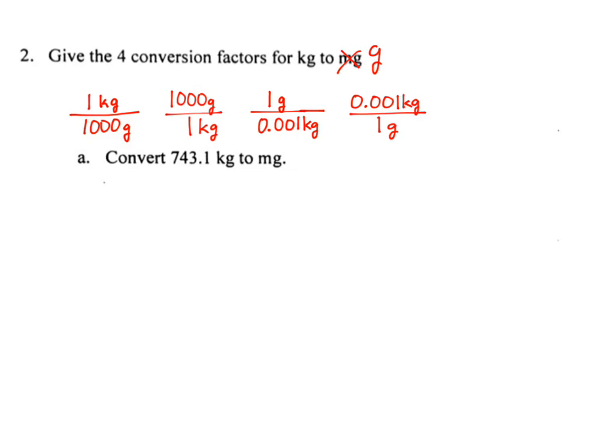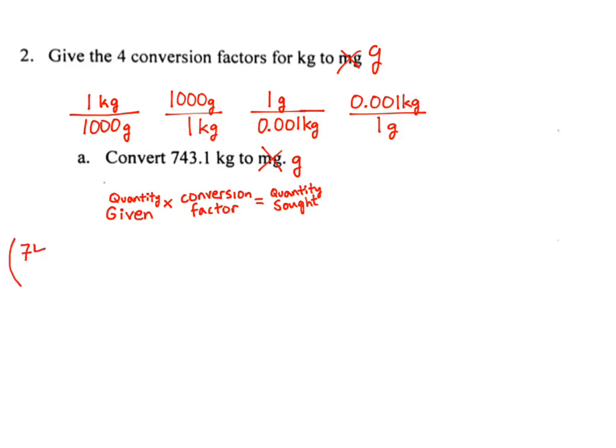So now we look at our problem. It says convert 743.1 kilograms to milligrams, and again we're going to change that to grams to simplify things here. So once again, the best thing to do is write your quantity given, multiply that times your conversion factor, and that will give us our quantity sought.